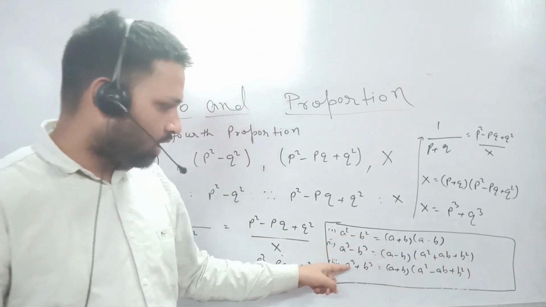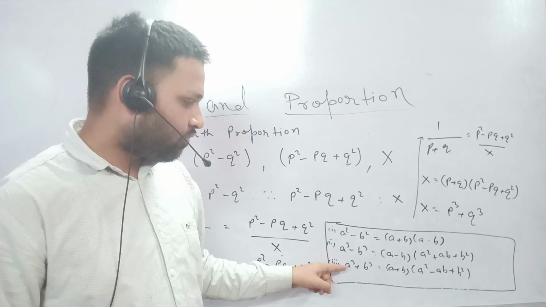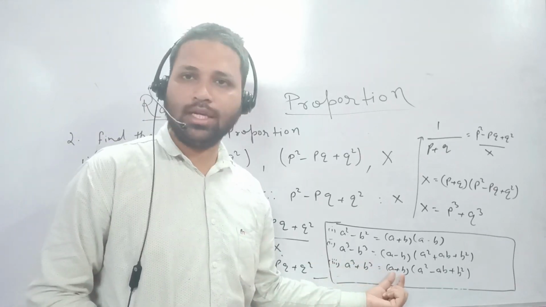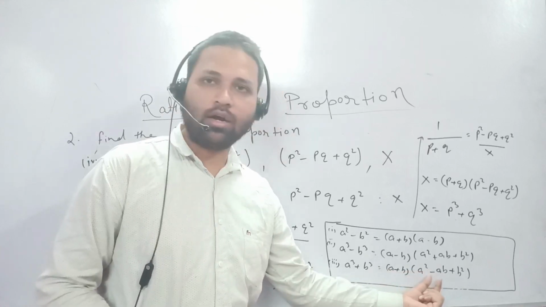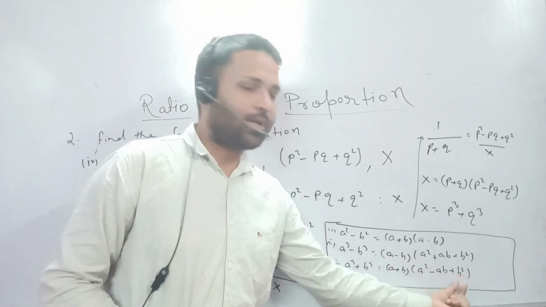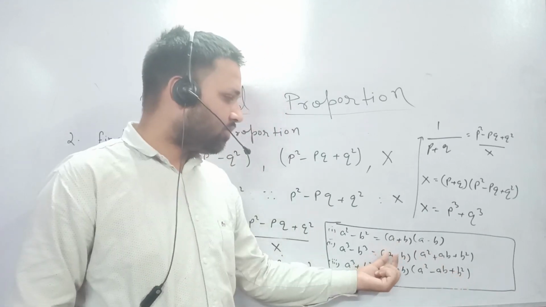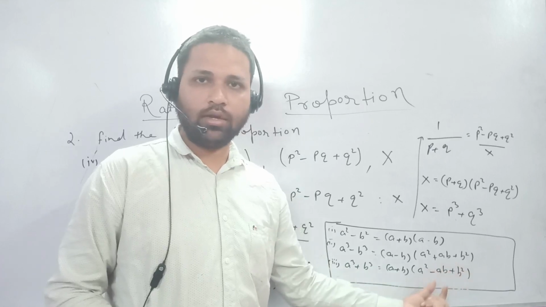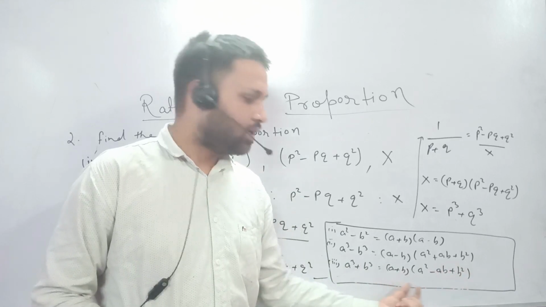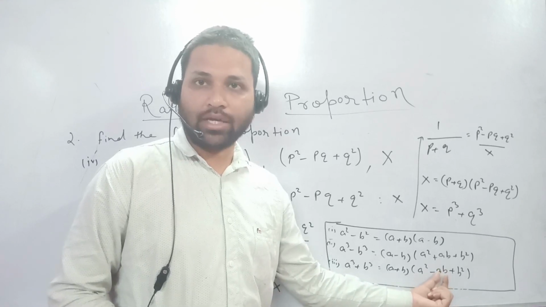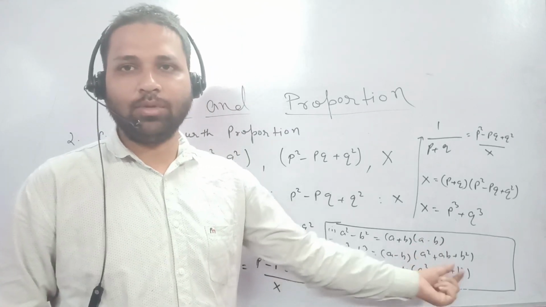In the third formula, a cube plus b cube, I write only a plus b, then in the second term only the middle term has the minus sign: a square minus ab plus b square.